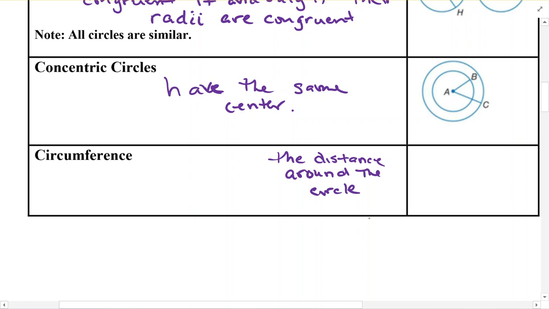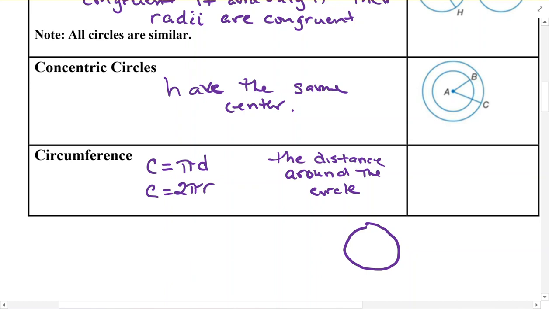So it's the length that it would take you to start at one point in the circle and walk all the way around. So it's a length. And the formula is circumference equals pi d, so the diameter times pi. Or the diameter also is 2 times the radius, so the other form is 2 pi r.